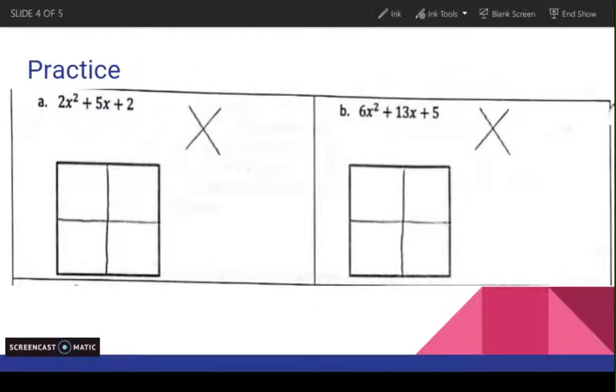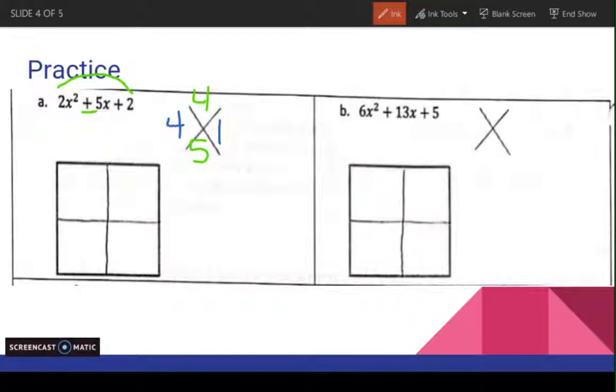This time, for problem A, we need to first set up the X-puzzle, multiply the first and the last number together. We've got 4. That middle number there is 5. So when we write this out, two numbers that multiply to 4 and add to 5 are 4 and 1.